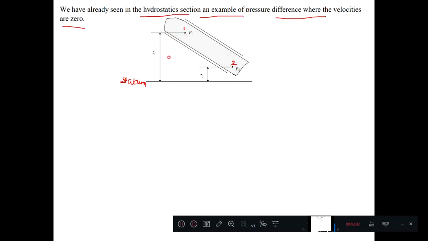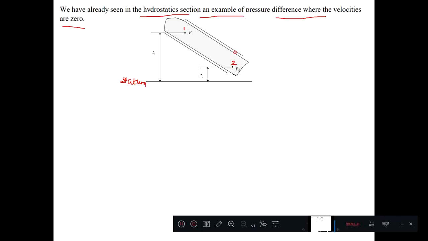Point 1 is at a position of Z1 from the reference, and point 2 is at a position of Z2 from the reference. The fluid of density rho has pressures P1 and P2 and levels Z1 and Z2 respectively.